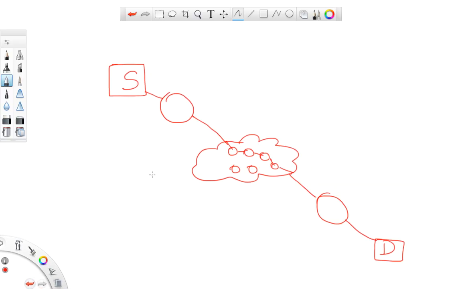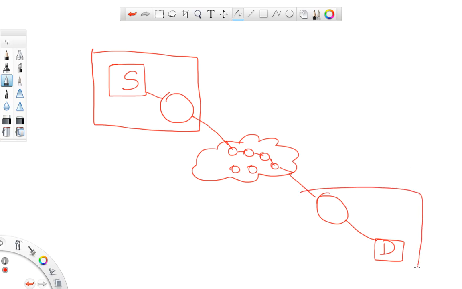In indirect delivery, we have the source and the destination both located on different networks. So this is one network. You have the source connecting to its gateway router, and on the other side you have the destination also connected to its gateway router.